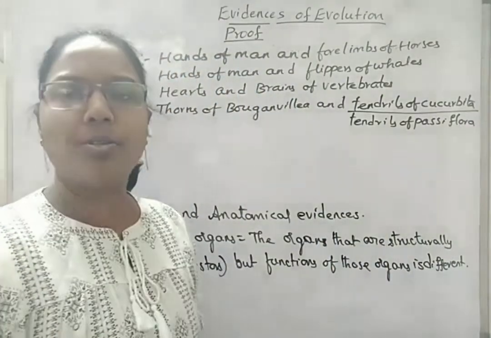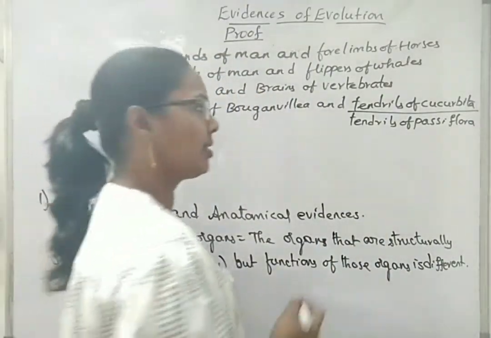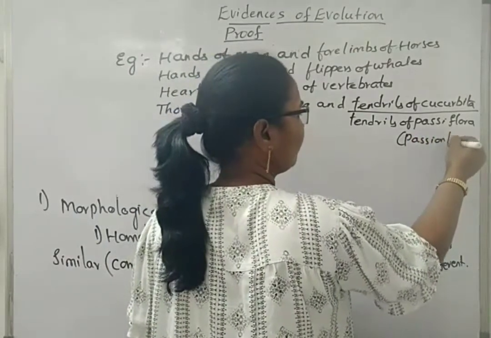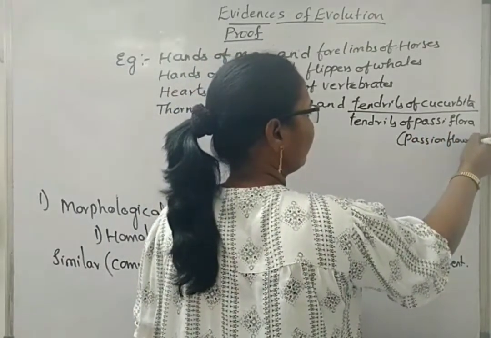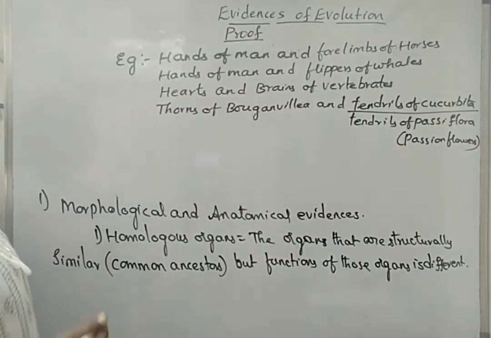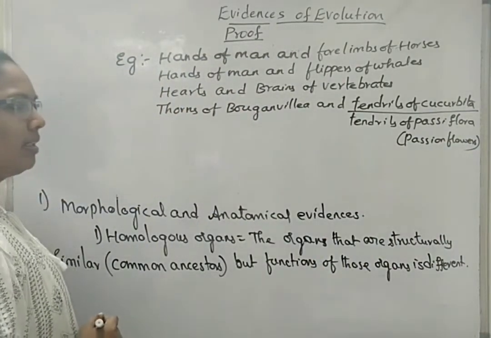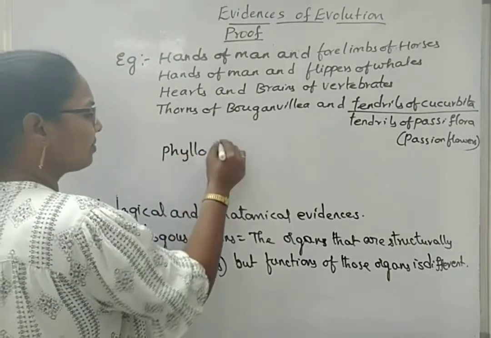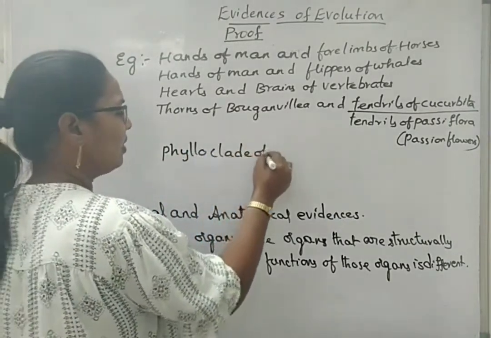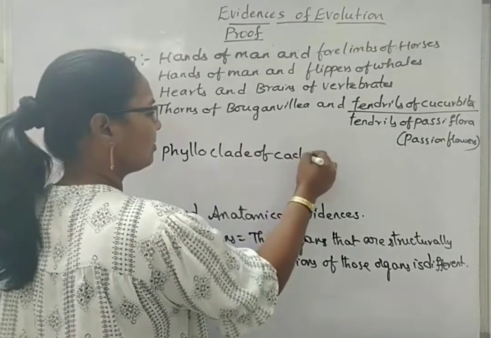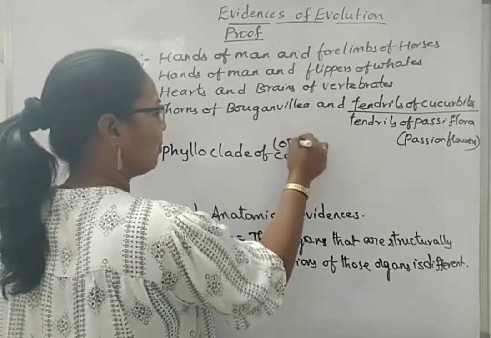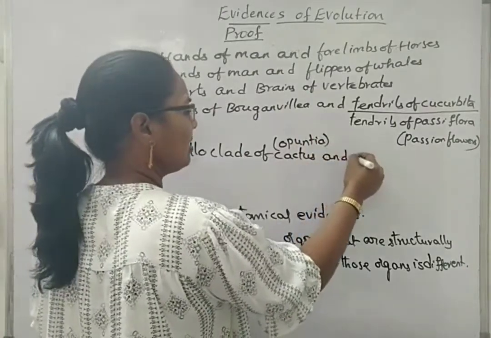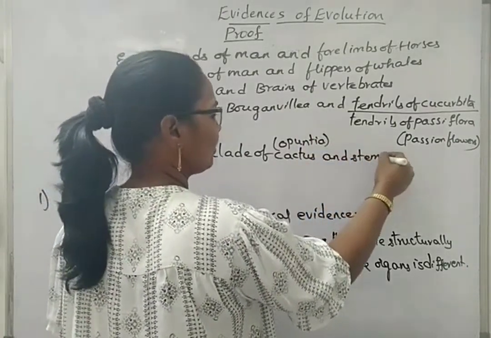Passiflora flowers are also called passion flowers. Next, another example is phylloclade of cactus, which we also call opuntia, and stems of other plants.